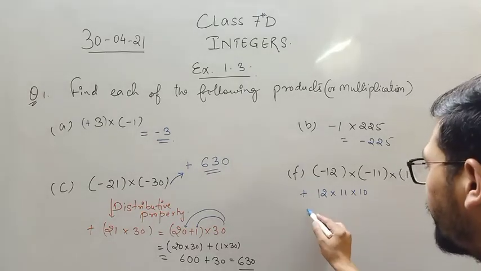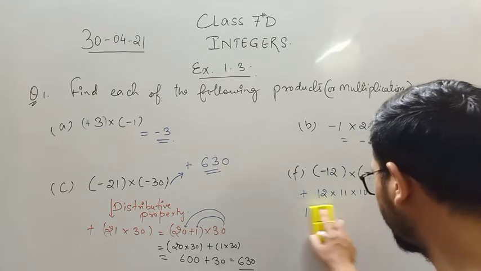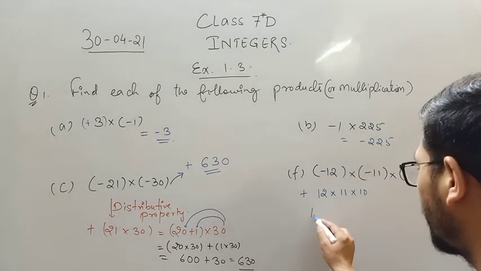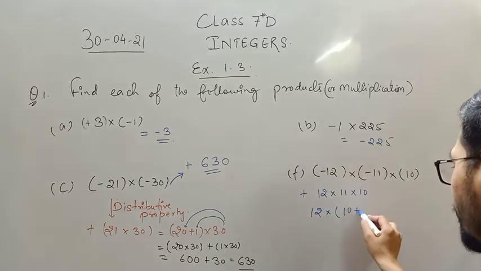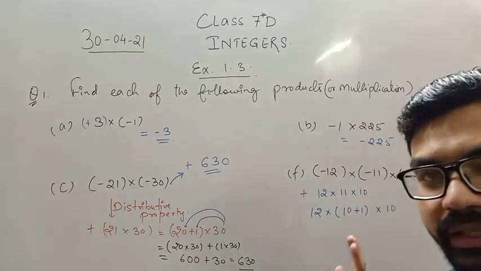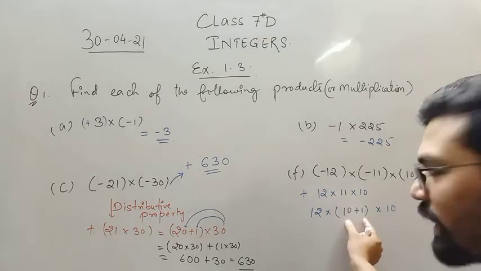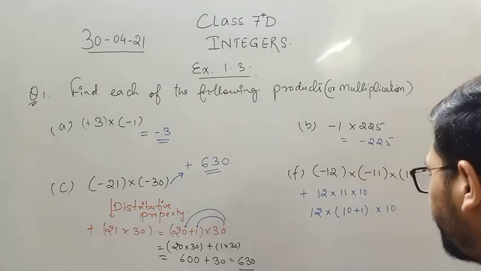Now 11 can be written as 10 plus 1, and leave 10 as it is. I just change 11 to 10 plus 1. Now apply the distributive property here.